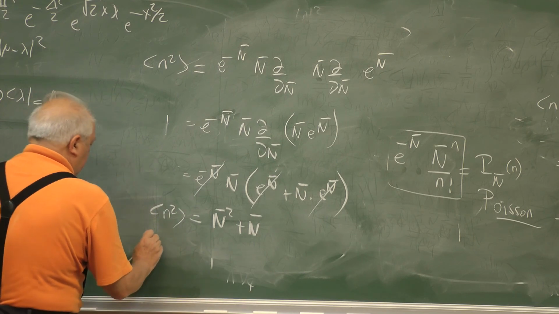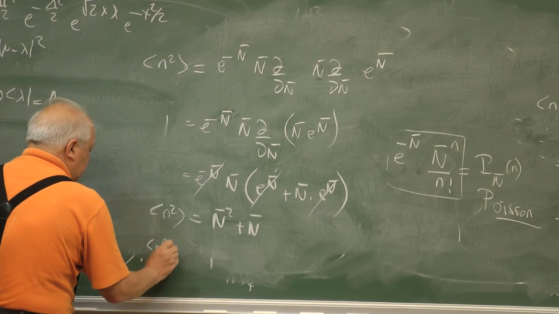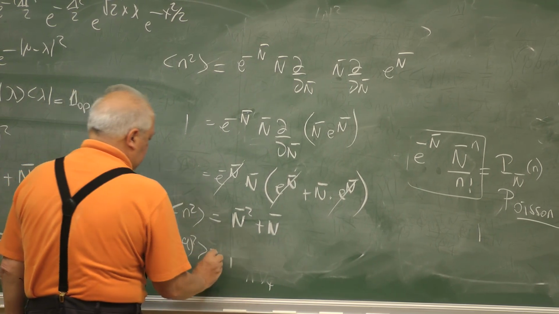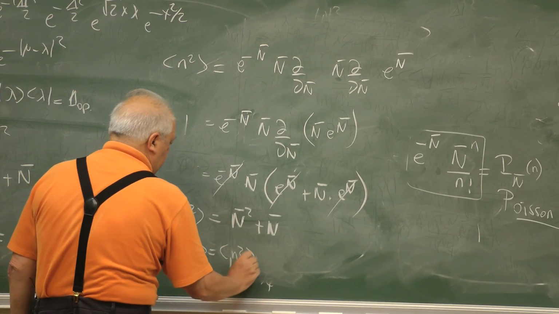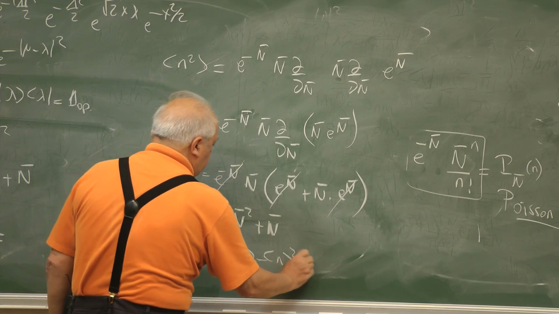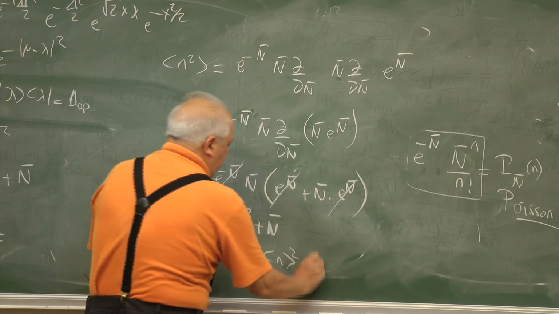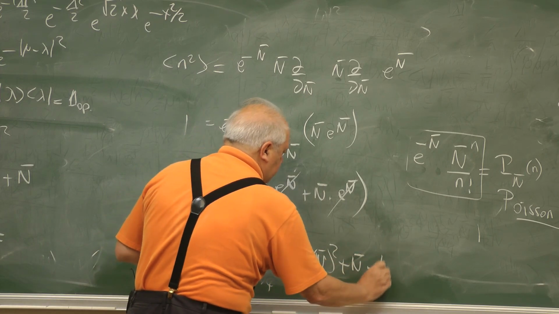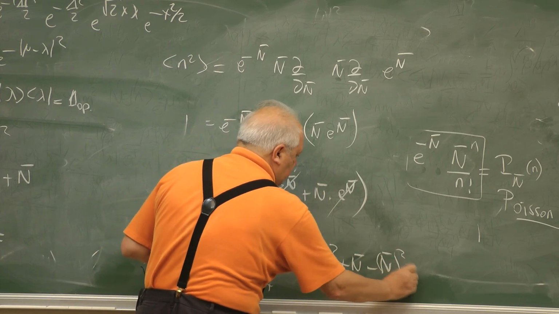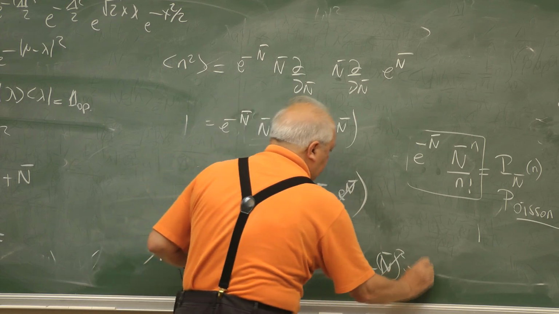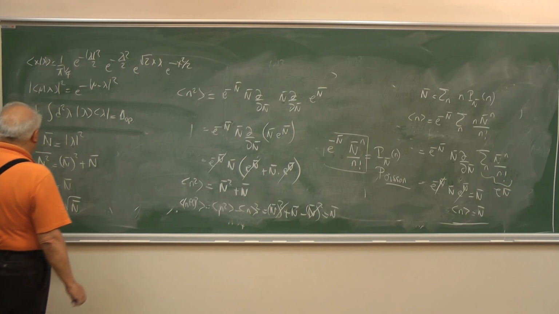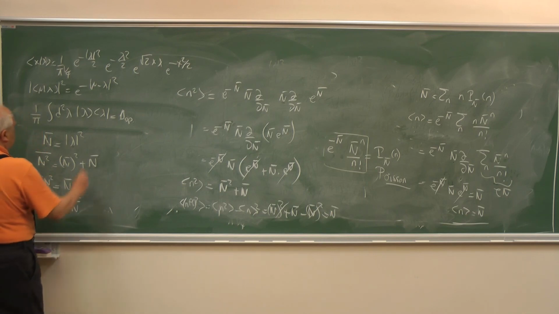So the n fluctuation square, which is n square average minus n average square, is n bar square plus n bar minus n bar square. That's equal to n bar. So that was another view, but of course the results are the same.